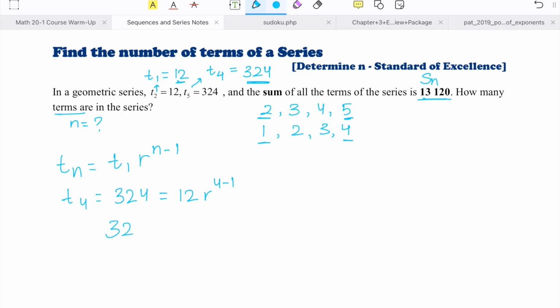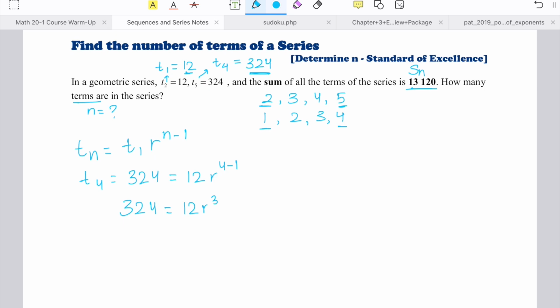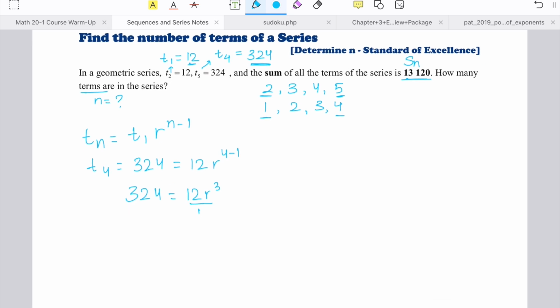So 324 is equal to 12 r to the power of 3. Divide 12 on both sides. 324 divided by 12 is 27, is equal to r cubed. To get rid of the cube, we'll cube root both sides, which makes it 3. So r is equal to 3.